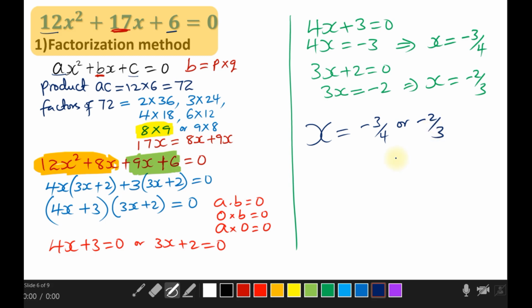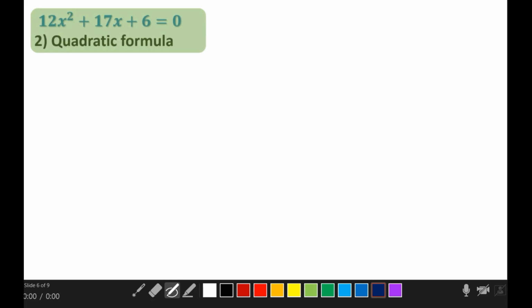The same result should happen if we use the quadratic formula. And look at the quadratic formula. Still, this is of the form ax squared plus bx plus c, whereby the coefficient of x squared, which is a, is 12, b is 17, and c is 6.